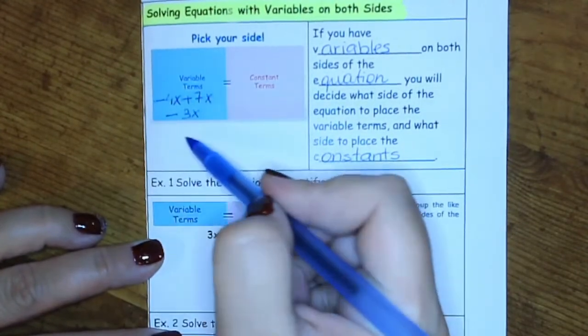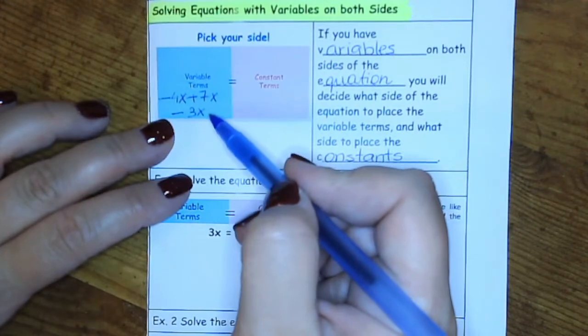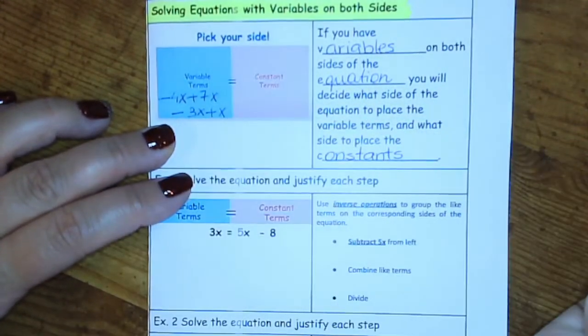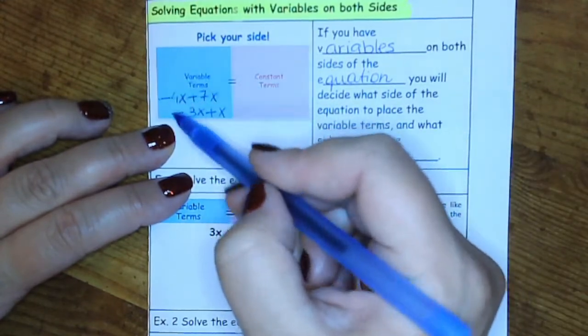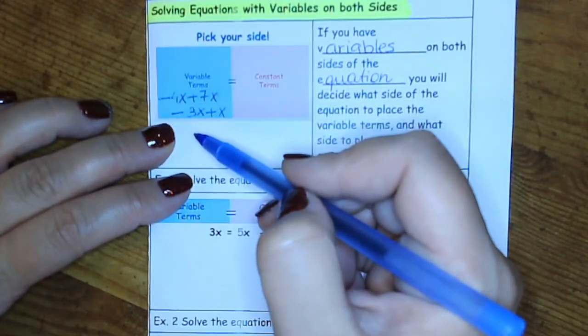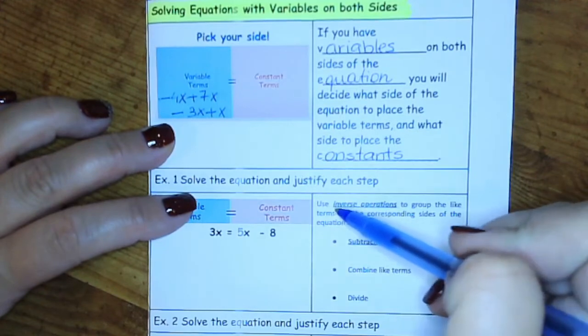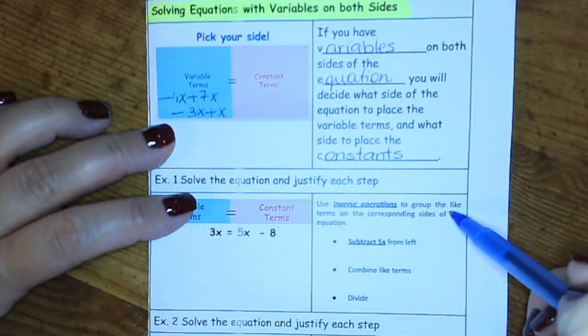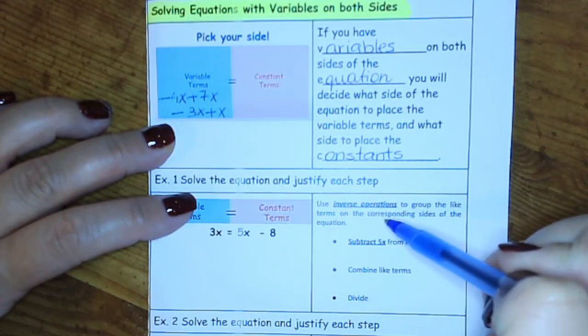They all have to be of the same kind and they all have to have a variable. Maybe plus x, which means plus 1x. So the variables will be all on the same side of the equation. That's when you're going to use inverse operations. If they're not on the same side, we'll use inverse operation to group the like terms on the corresponding side of the equation.